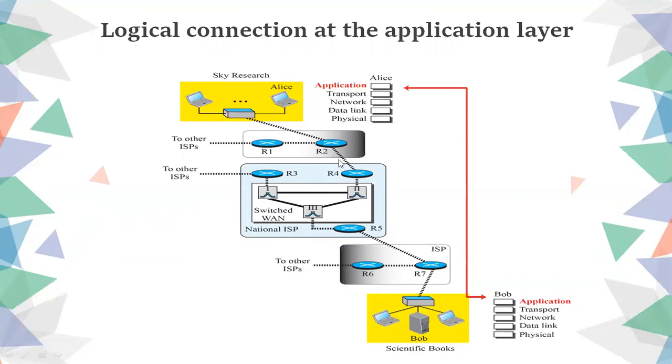But what we assume is a logical connection between Alice and Bob. The diagram shows that, but there are a lot of stages and a lot of routers we need to pass through with the help of the transport layer, the network layers and the operating systems given in the OSI model.